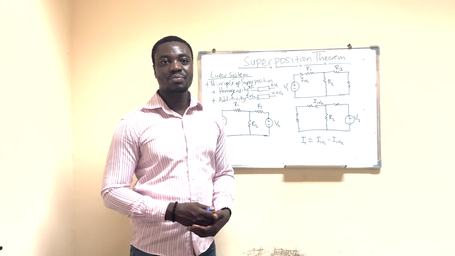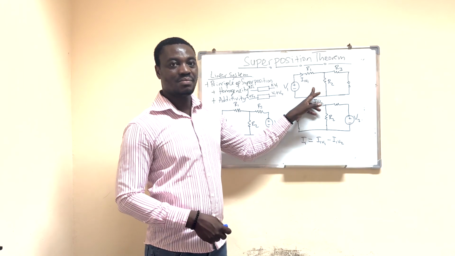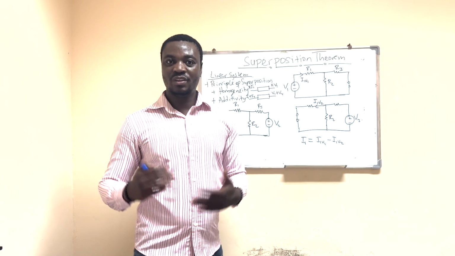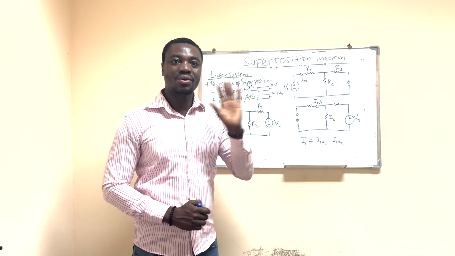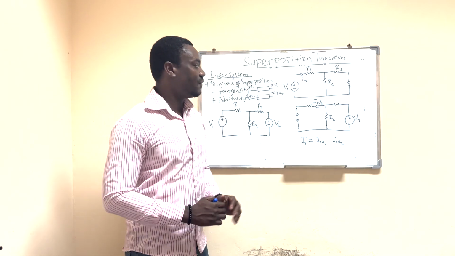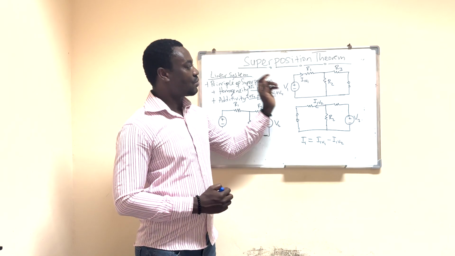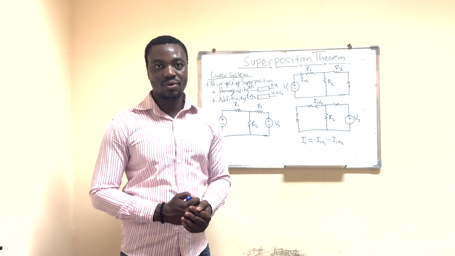Or you can use branch current method, or even mesh analysis method to solve for the current passing through R1. And I've made videos on all these methods, right? So you can go and watch them if you are interested in how you can use any of those methods to solve for the current passing through R1 due to V1 acting alone.